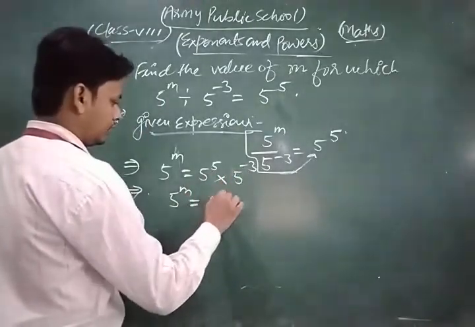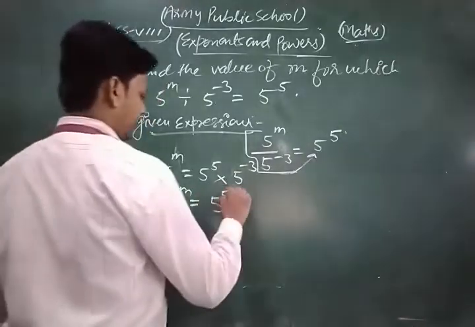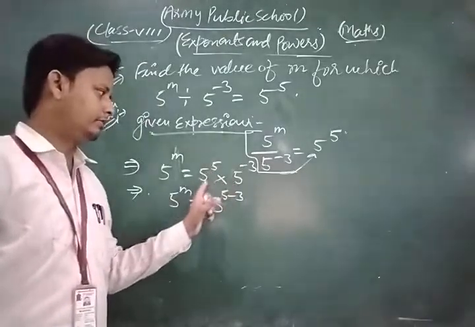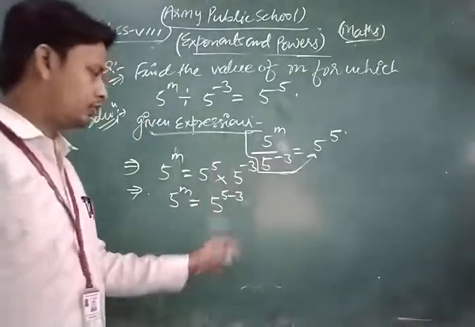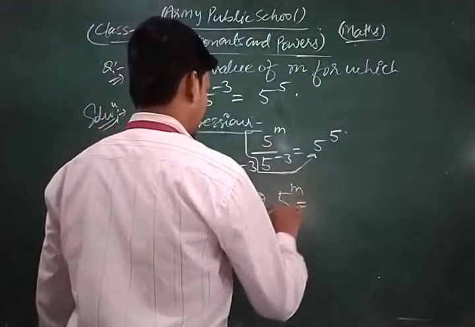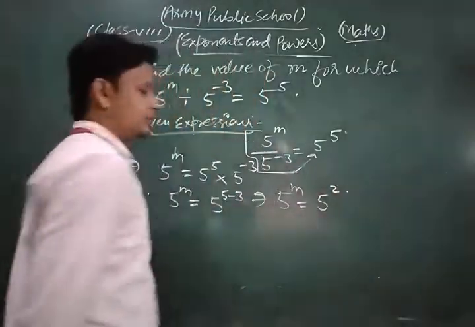So 5 power 5 minus 3, because if the base is the same then the powers are added. So we have 5 power m is equal to 5 to the power 5 minus 3, that is 2.